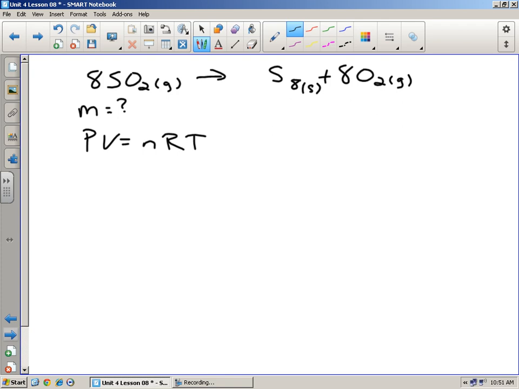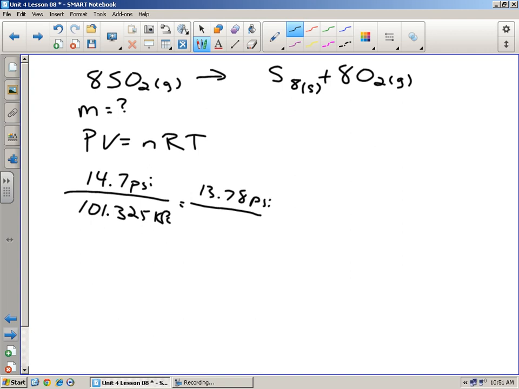This is Unit 2 review stuff. So how do you convert it? Well, you look on the back of your periodic table. You say 14.7 psi on the back of the periodic table is the same as 101.325 kPa. I have 13.78 psi. How many kPa is that? Remember that? Okay. So that's been a while, obviously, but that's what you need to do.